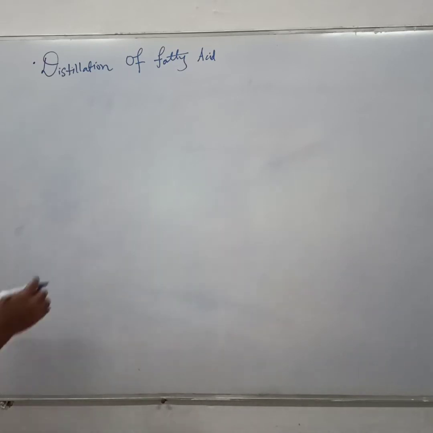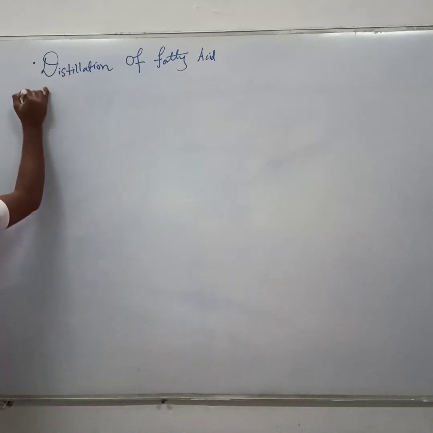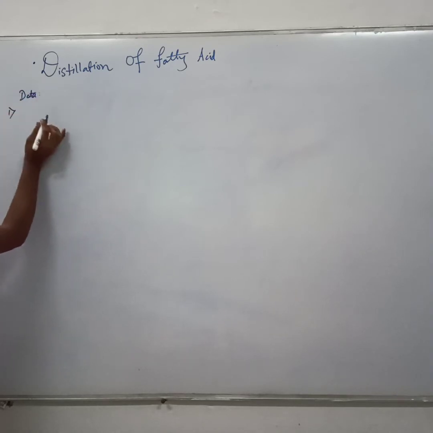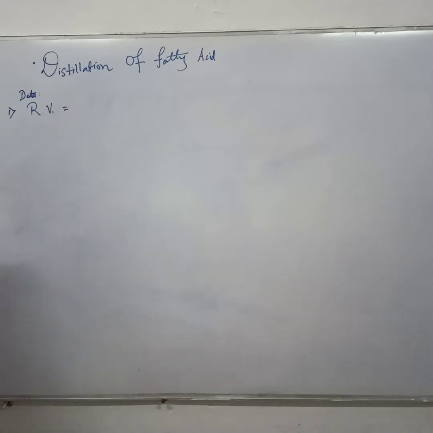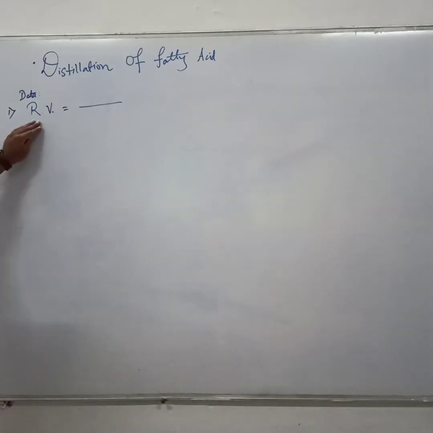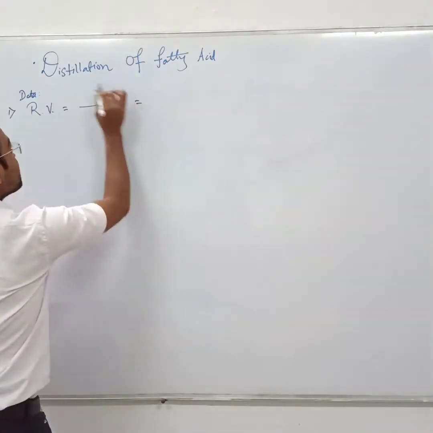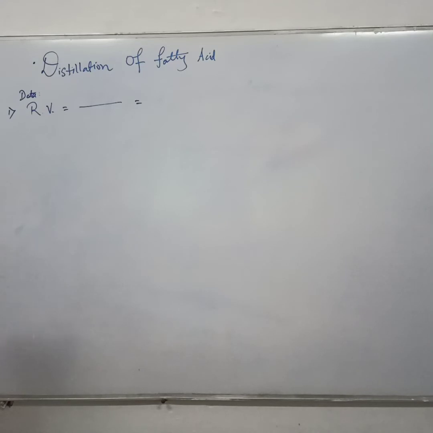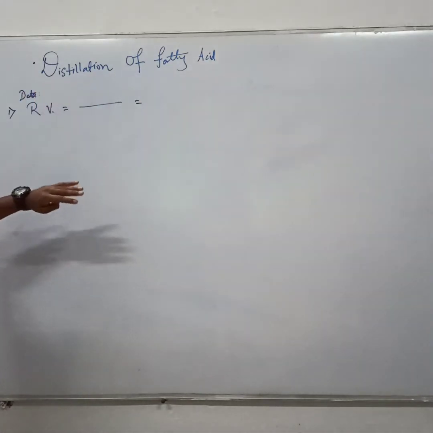So first of all, before moving towards the solution of this numerical, we gather some basic data. It mainly includes relative volatility, denoted by capital RV. What is meant by relative volatility? Most of the time the value of relative volatility is given in the numerical, but distillation of fatty acids, or distillation related to oil technology, is quite rare.